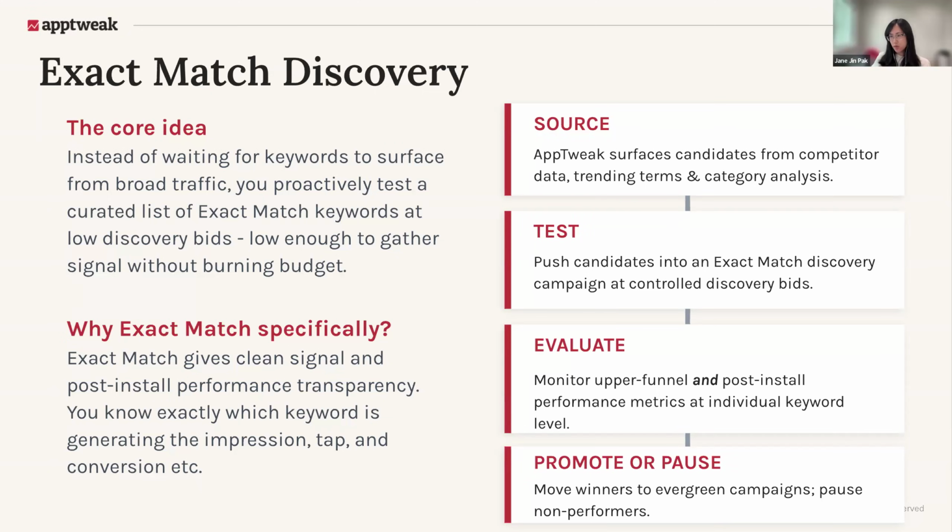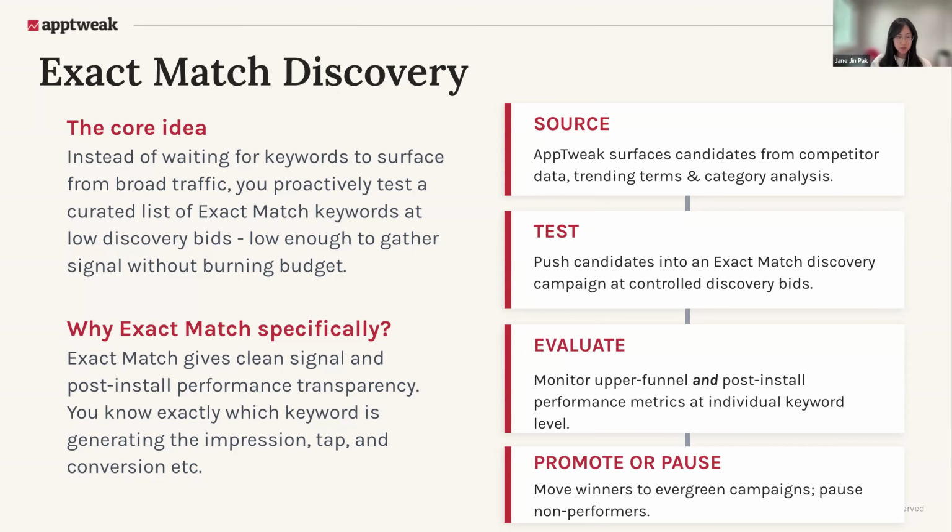The core idea is to find those keywords and test them at low discovery bids. Low enough to start gathering upper funnel signals to identify, is this a good keyword? Can I expand on this instead of manually doing it?